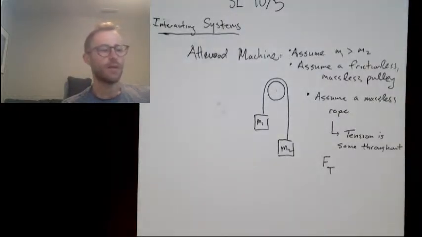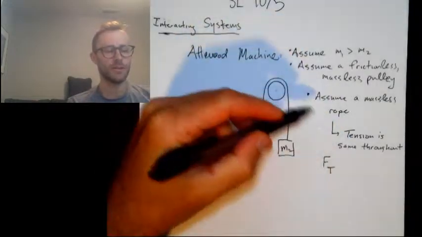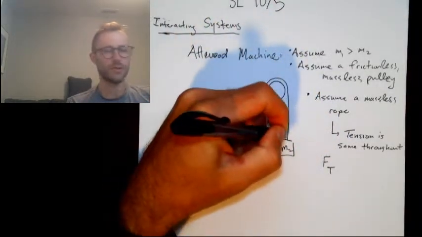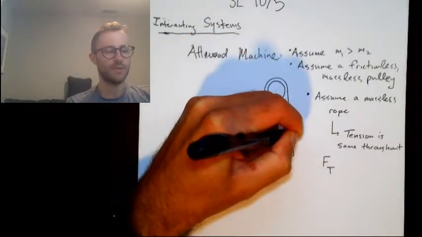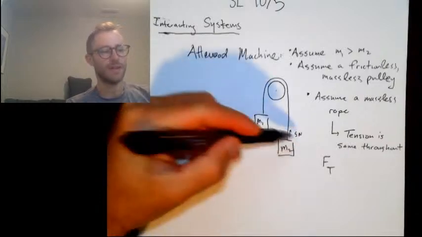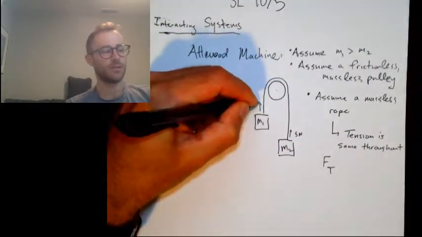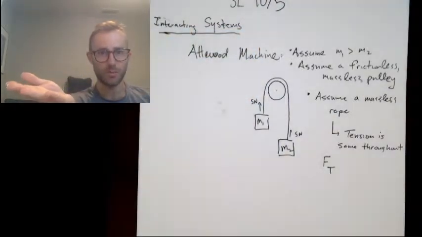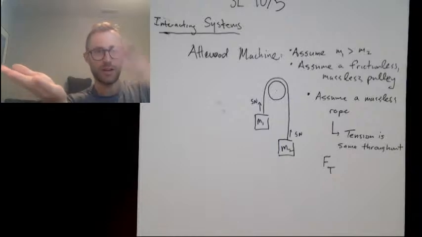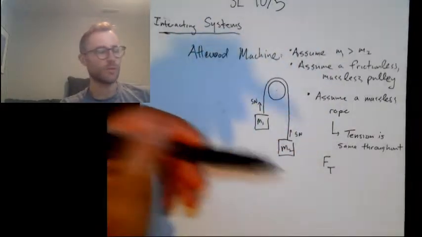The way that tensions work is that if you have a massless rope, and this rope is pulling up with, let's say, 5 newtons of tension, then that tension gets transmitted through the rope, and this one is going to get pulled up with 5 newtons also. So the tension that one end of the rope is pulling at is the exact same as the tension pulling on the other end of the rope. That's the way it works.